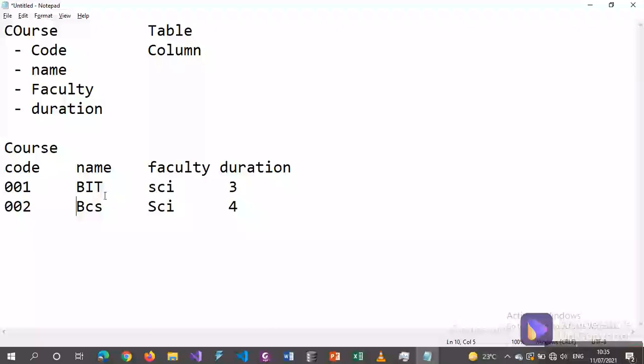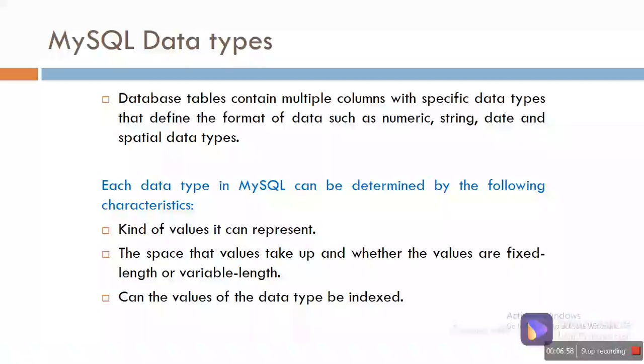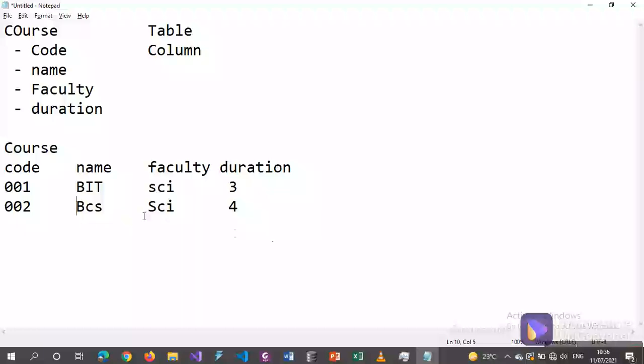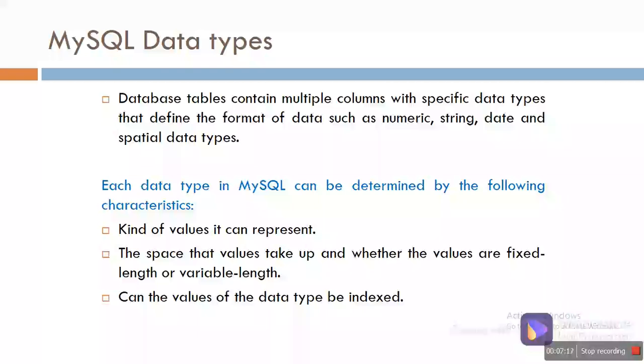So the space that you need for name is not the same space that you need for code, because code takes fewer characters. So when you're defining your columns, in addition to defining the data type, meaning the kind of data that you represent, you have to specify the length or the amount of space that you need for that particular column. This is what the next thing is all about: the space those values take up, and whether the values are fixed length or variable length.